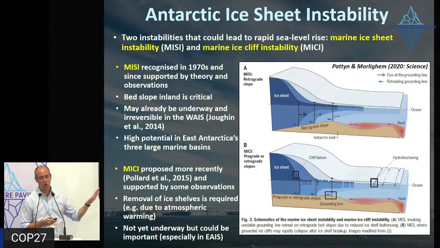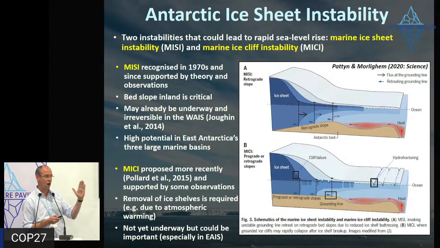The other cartoon on the right shows you something called marine ice cliff instability. And you don't necessarily need the bed of the ice sheet to deepen inland. But this is where, if you can very quickly remove the floating ice shelf in front of the ice sheet, then you essentially expose a very high ice cliff in deep water, which becomes unstable and collapses into the ocean.